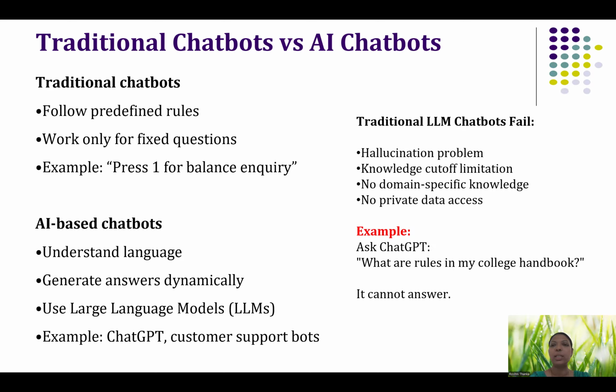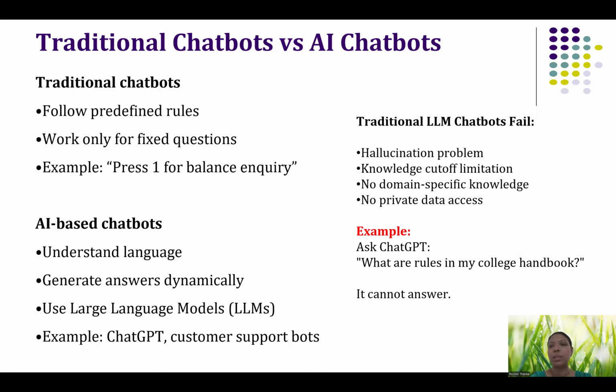So now you have understood what a chatbot is and how it is different from the traditional chatbot. Here we are using an LLM to help us get the answer back in natural language itself.